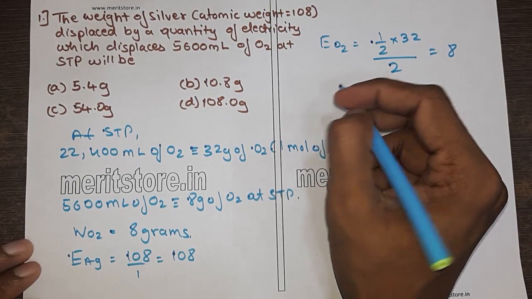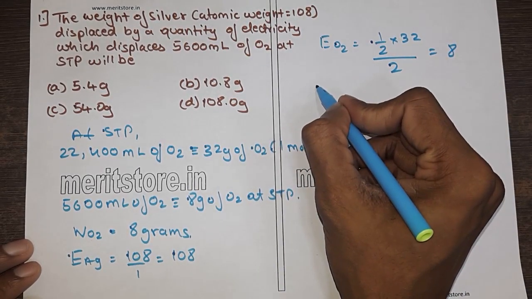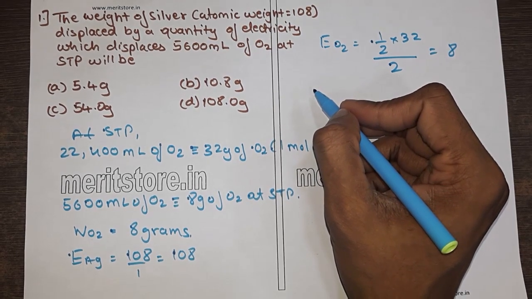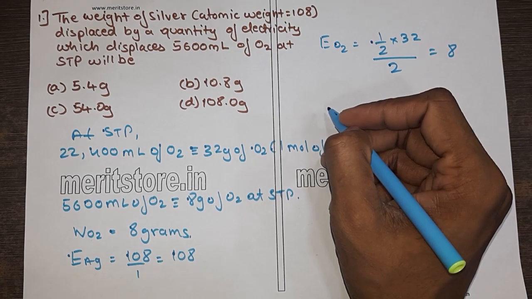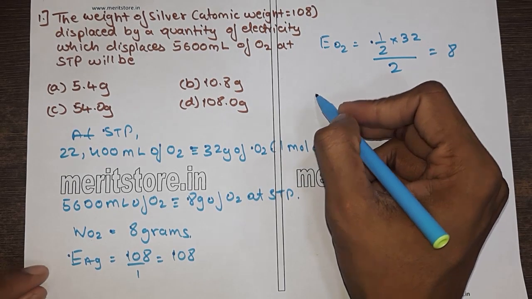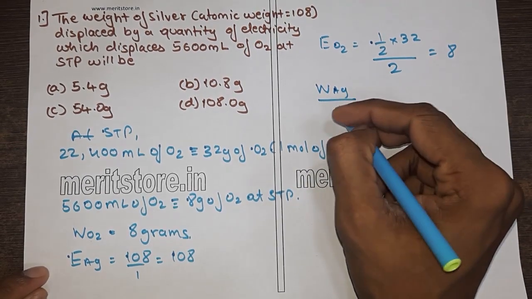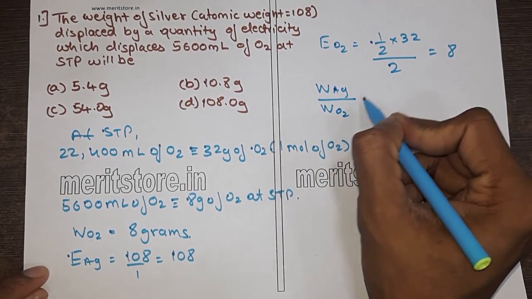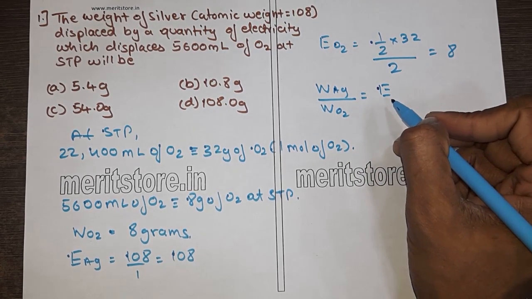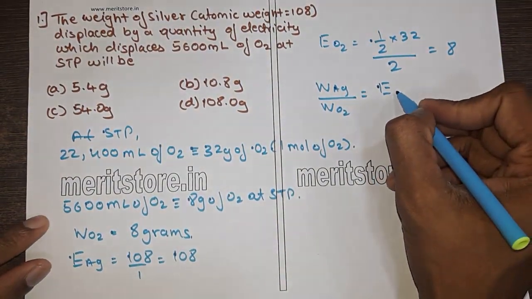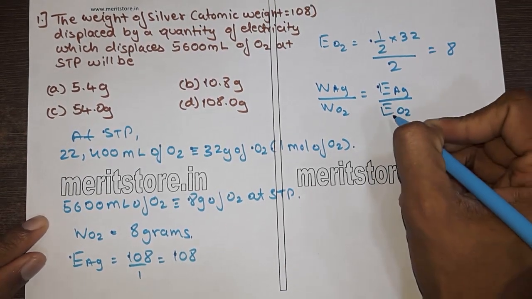So by using Faraday's second law of electrolysis, we have mass of silver, that is W_Ag, upon mass of oxygen, that is W_O2, equal to equivalent weight of silver upon equivalent weight of oxygen.